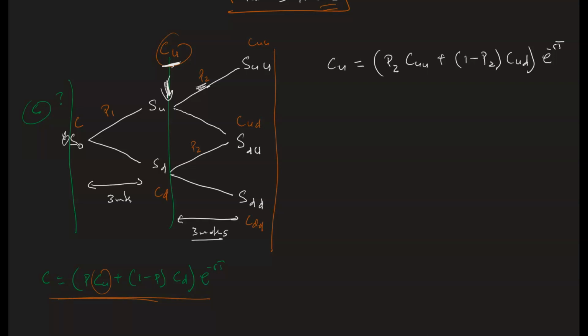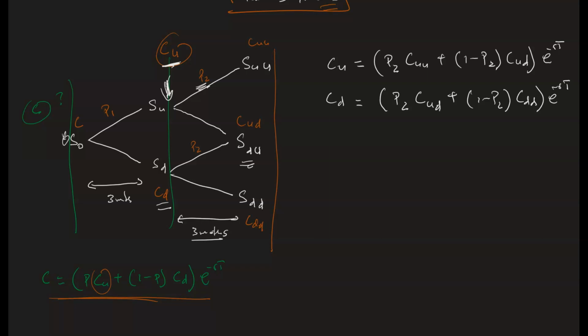That would be call up. And then call down would be equal to the same process: P2 multiplied by call up down, plus 1 minus P2 multiplied by call down down, and then present value.